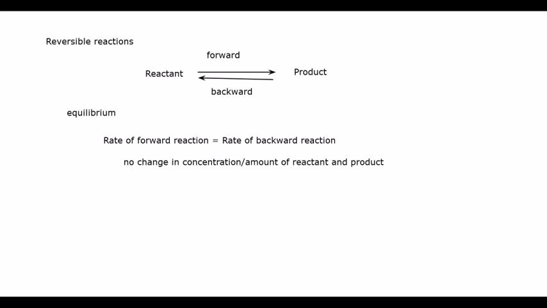Example, if we have a reaction in which we have reactant which forms the product and some of the product is decomposing, forming back the reactant. If we have 2 grams of reactant and 5 grams of the product, what happens if out of 2 grams, 1 gram of reactant is forming a product and at the same time 1 gram of product is forming back the reactant?